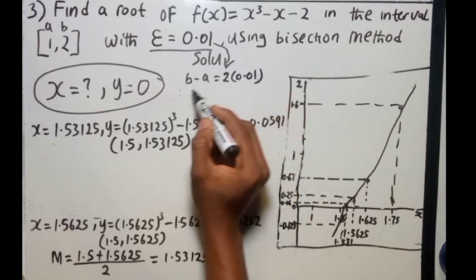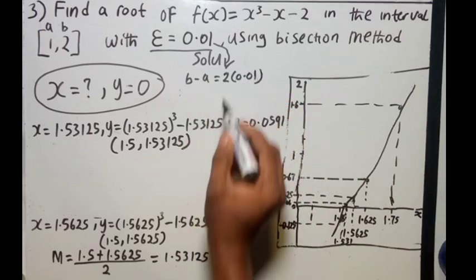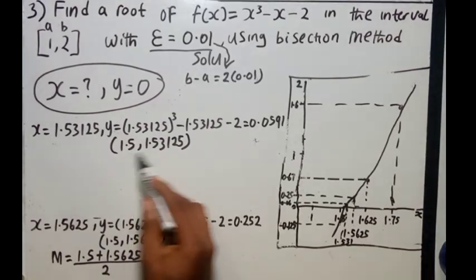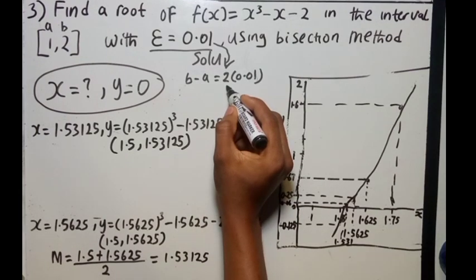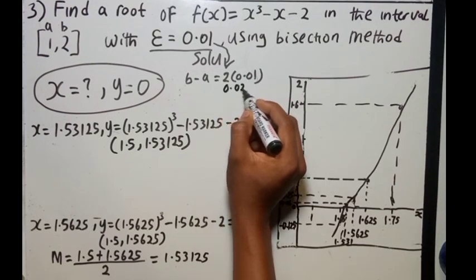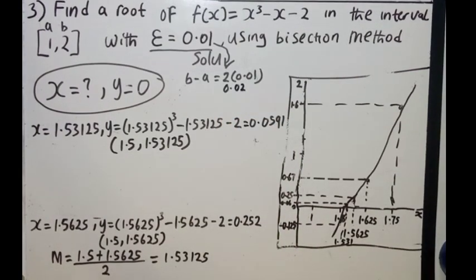That's what we are trying to get using this. So in the new interval we'll be doing that. This is also 0.02. So it's either you use this or that.